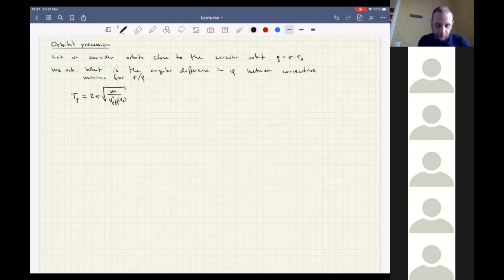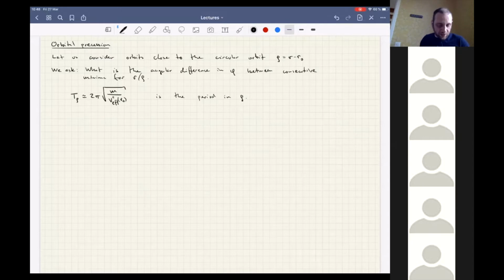So this is the period in rho, or equivalently the period in the r coordinates. And it's an approximation because we are close to a circular solution.